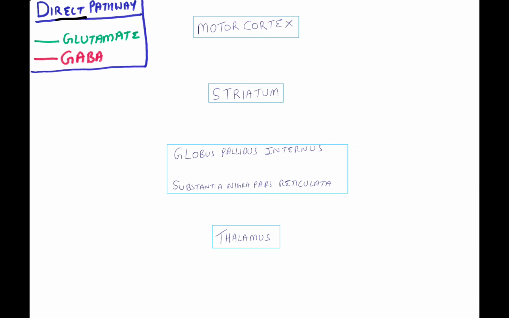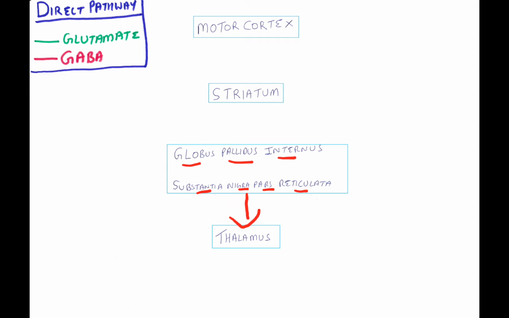So direct pathway. The excitatory neurons have neurotransmitter glutamate, whereas the inhibitory neurons have neurotransmitter GABA. You should remember this because this is very, very important. To understand this pathway better, you should remember globus pallidus internus and substantia nigra pars reticulata always inhibit thalamus.